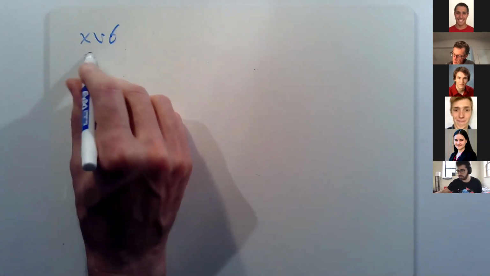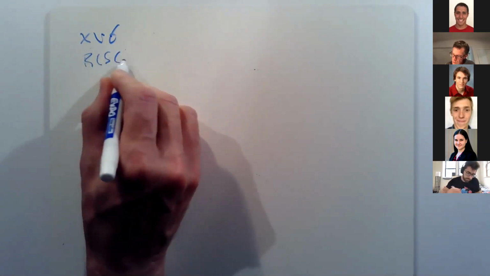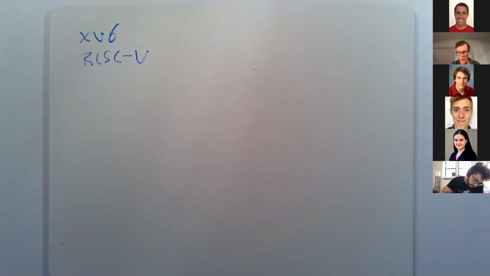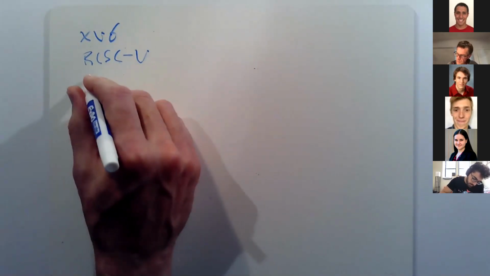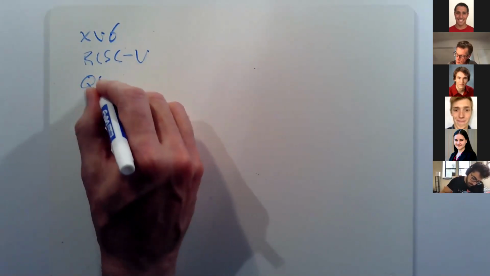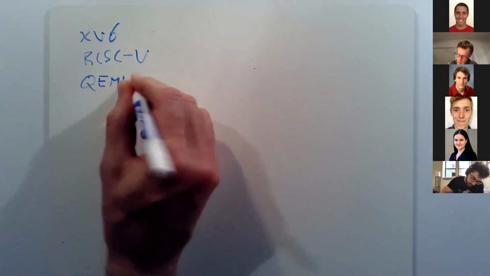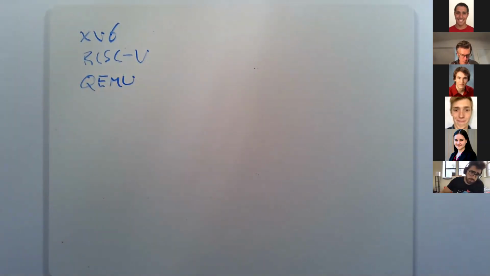It runs on a RISC-V microprocessor, and we assume a certain amount of surrounding hardware like memory, a disk, and a console interface for us to talk to it. But we actually run under the QEMU machine simulator, which runs under Linux, so that all of you can run XV6 without having to have hardware.